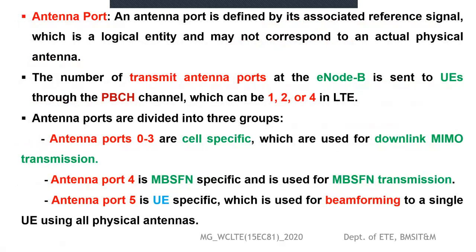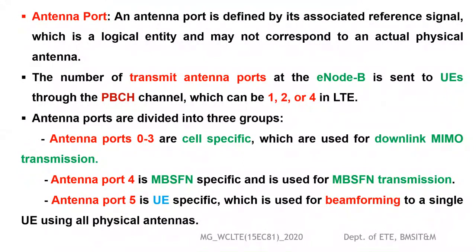Now I was talking about the antenna port. The output of the precoder is mapped to the antenna port. The antenna port is associated with the type of reference signal. There are different types of reference signals in LTE, in uplink as well as downlink, which I will come to.